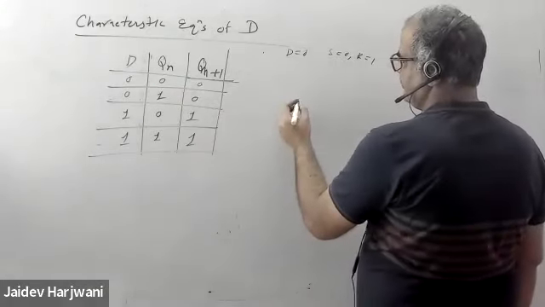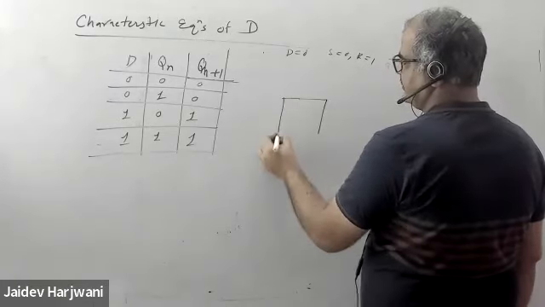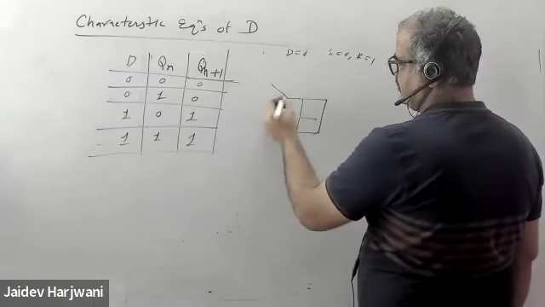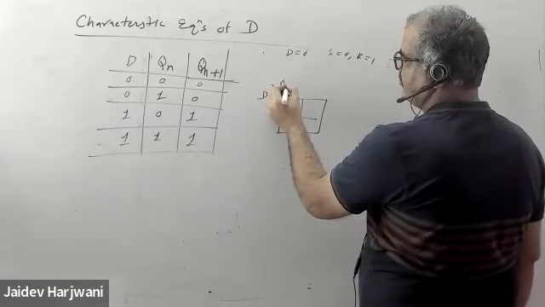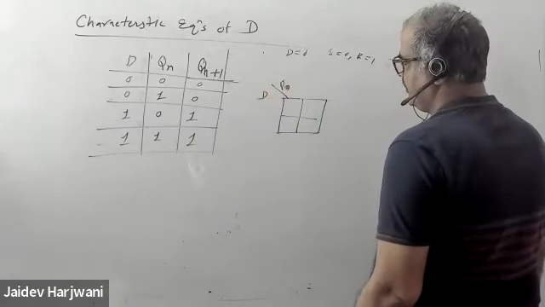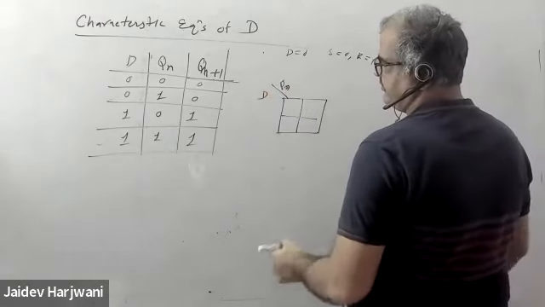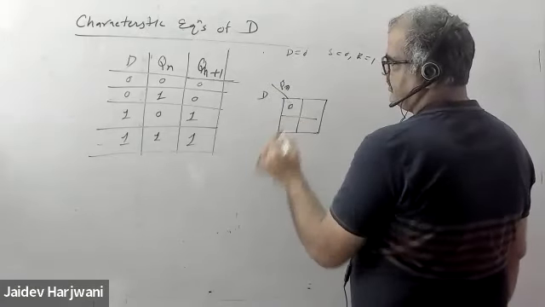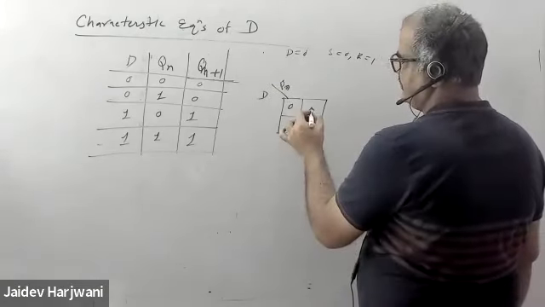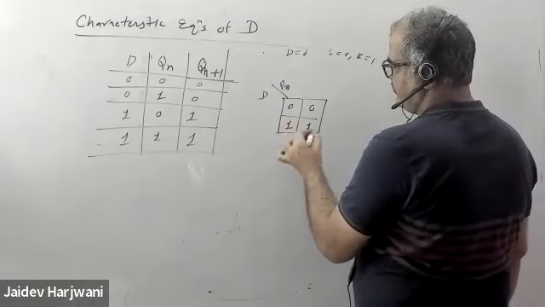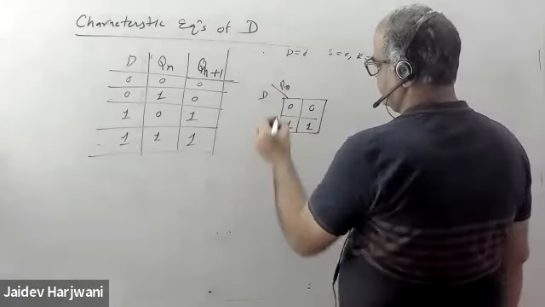So now the table will have only four entries, because you have only D and Qn. So first is 0, 0. 0, 0 is 0. 0, 1 is 0. And you have 1, 1. So this is 0, 1.